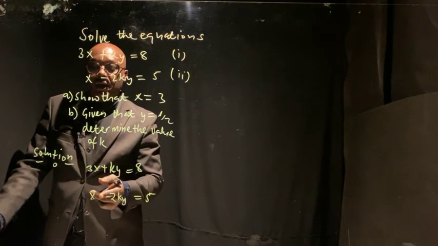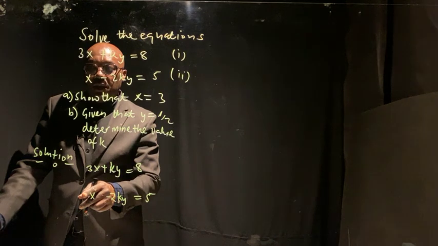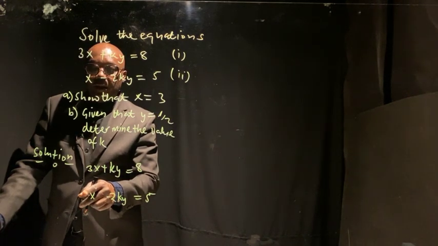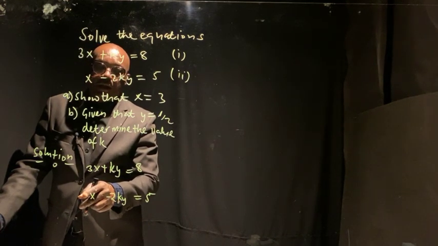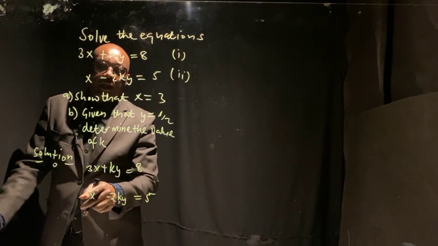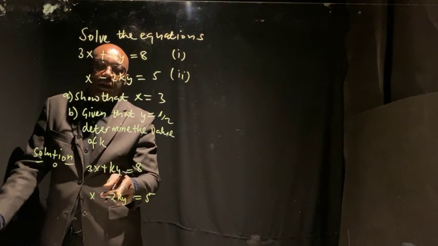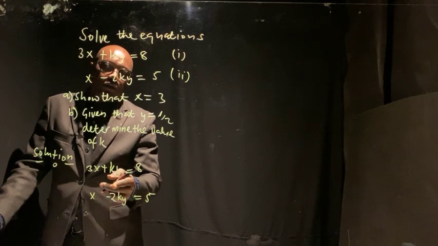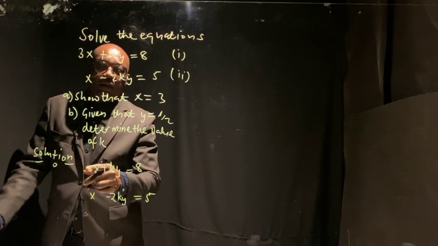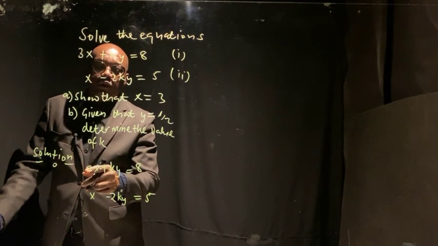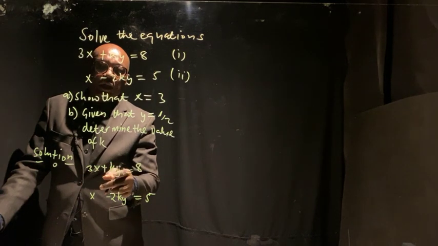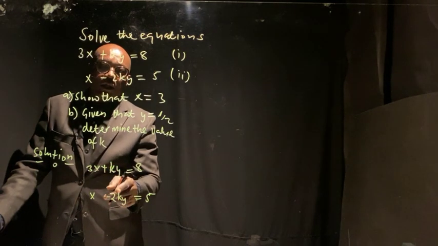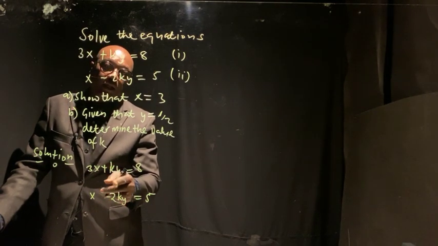Or we can also multiply this second equation by -3 and add both equations in order to eliminate the x value. We can also choose to multiply the first equation by 2 in order to eliminate the ky and find the x.